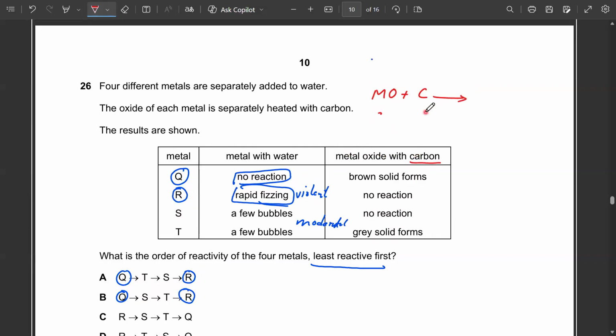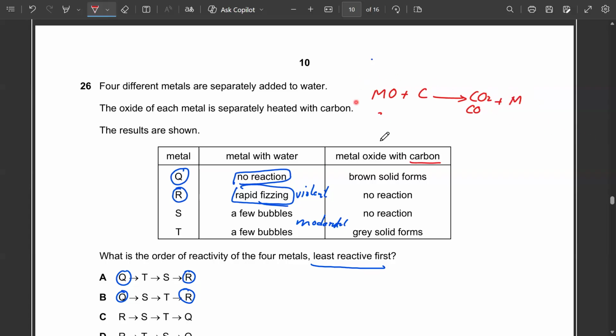As a result, there will be the formation of an oxide of carbon, either carbon dioxide or carbon monoxide, I do not know which one. And as a result, the metal will be separated.